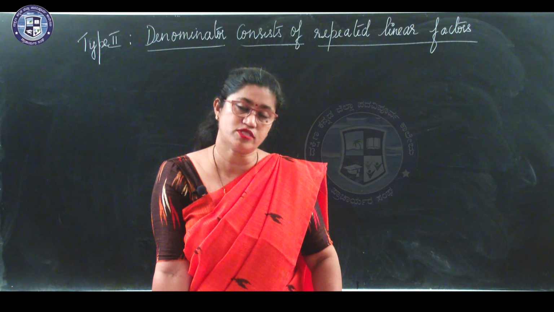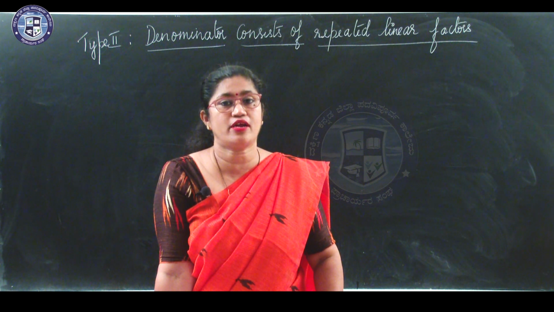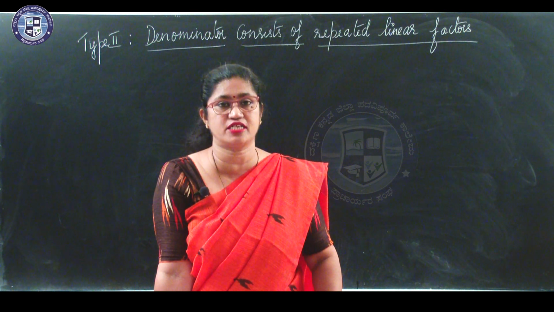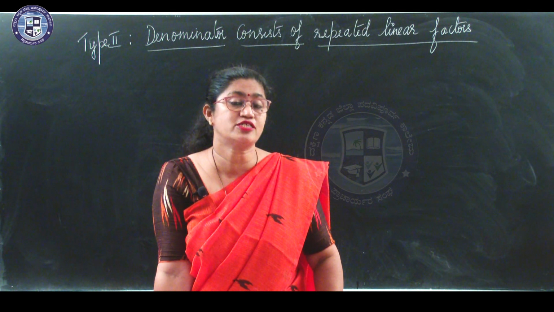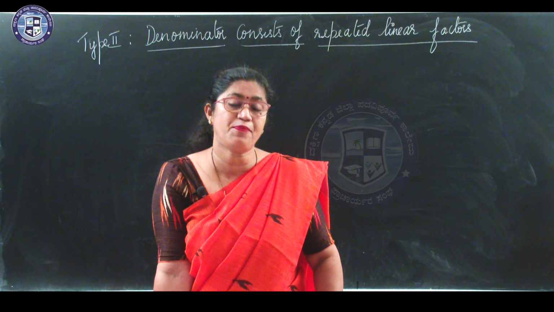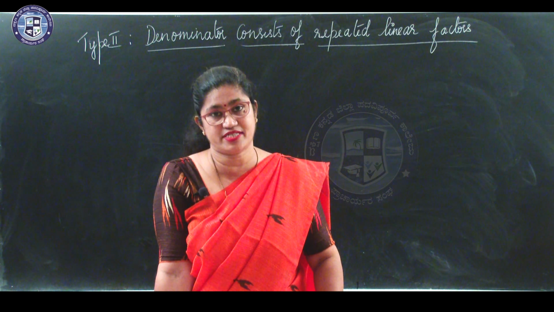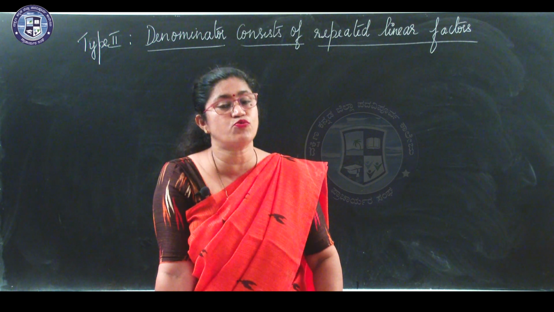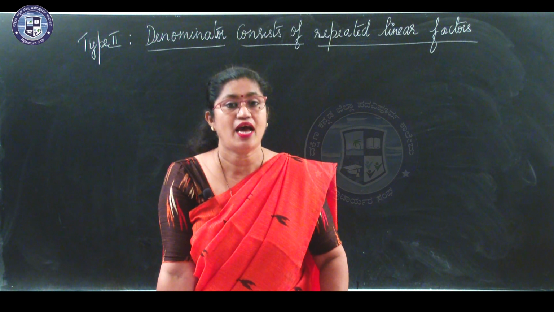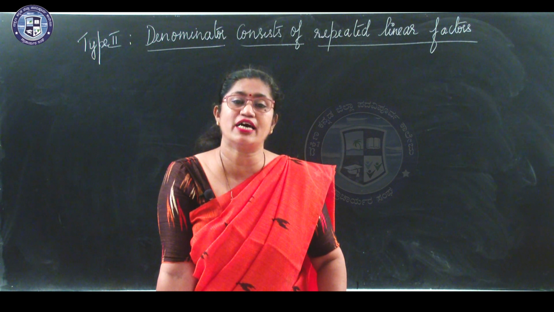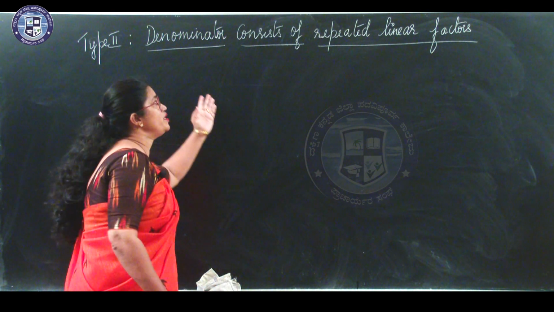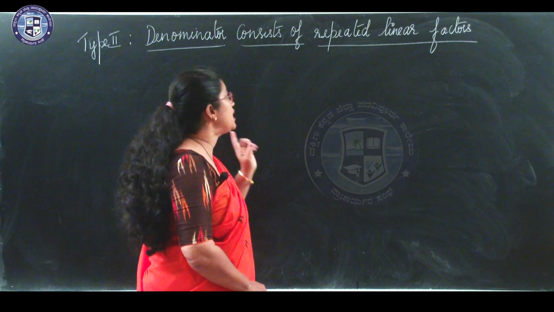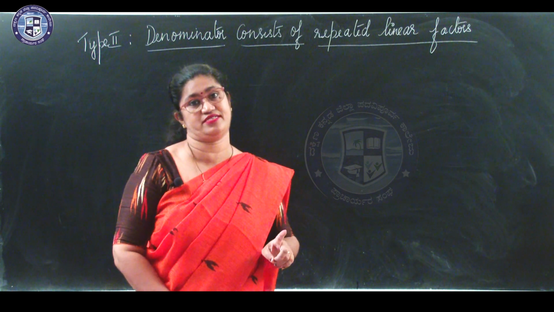Either it was a proper fraction or an improper fraction, but always our denominator was a product of non-repeated linear factors. So, all those sums were type 1 category, and now we move on to type 2, and type 2 is when the denominator consists of repeated linear factors.